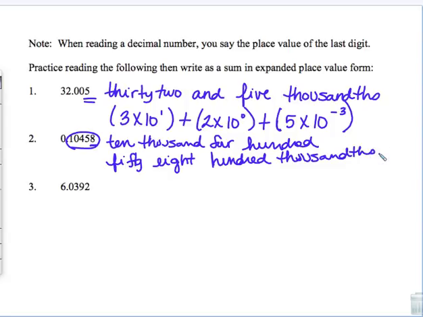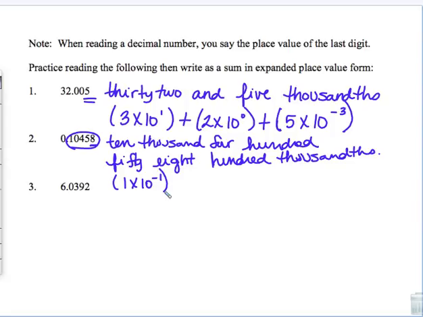And then we're also going to write that in its expanded place value form. So you go through and you do that with each digit. So the first digit I have is the 1, and it's in the tenths place. So that 1 is going to be 1 times 10 to the negative 1, because it's in the tenths place. The next one will be the 4.